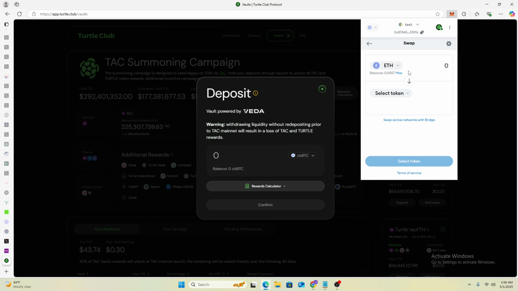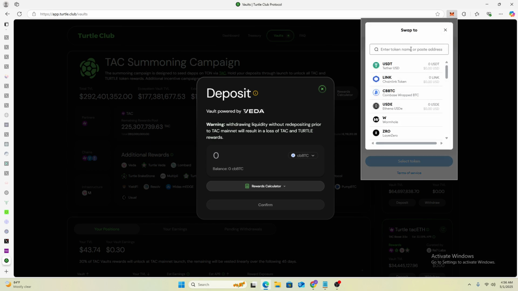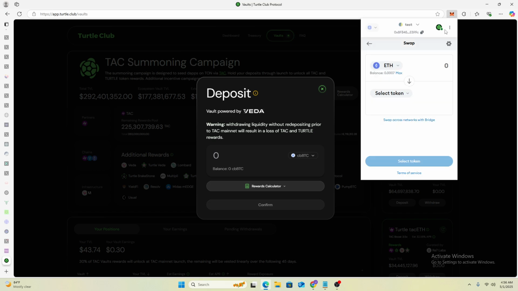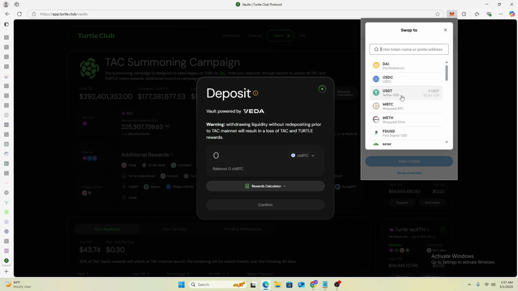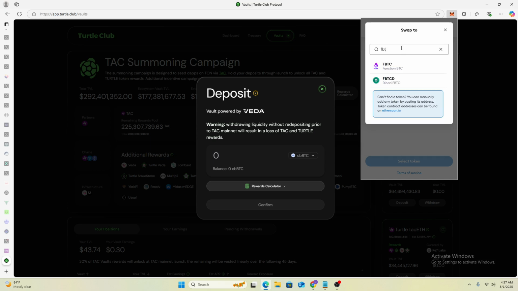If you are to swap directly in your wallet, CBBTC is a popular variant of BTC at the moment. You see here it's Coinbase wrapped BTC. Okay, so you can also deposit your wrapped BTC here and swap it for CBBTC. If your choice is FBTC, both are pegged to BTC in value.